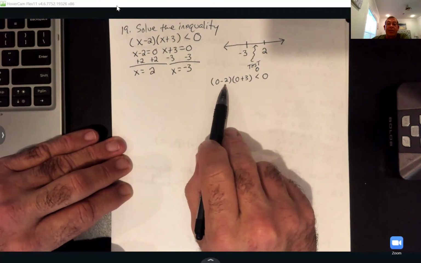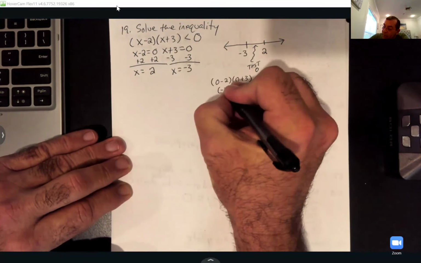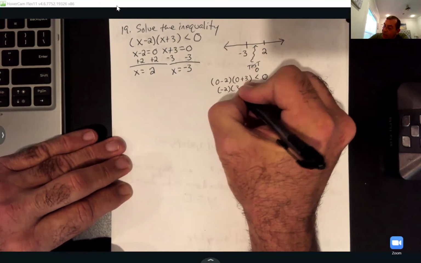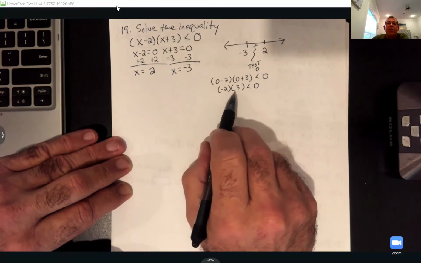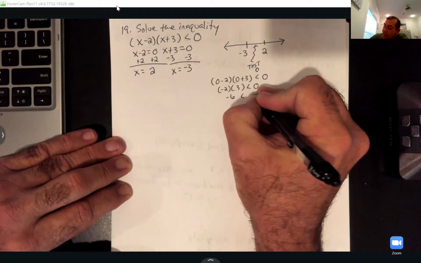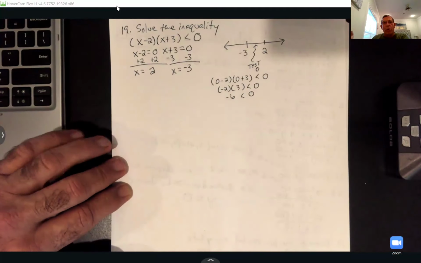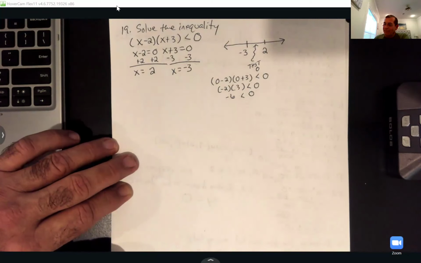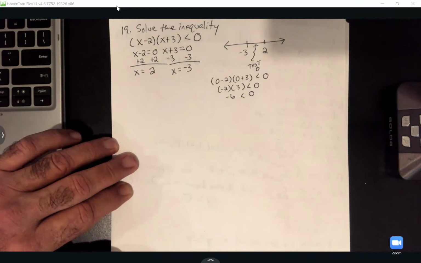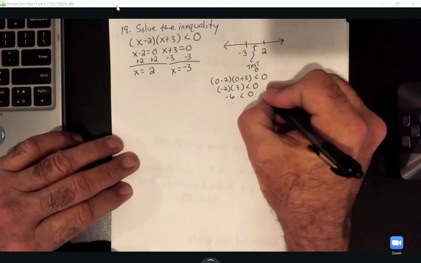Well, this equals negative 2. This one equals positive 3. So negative 2 times 3 is what, a negative 6. Is that true or false? True. That's definitely true.